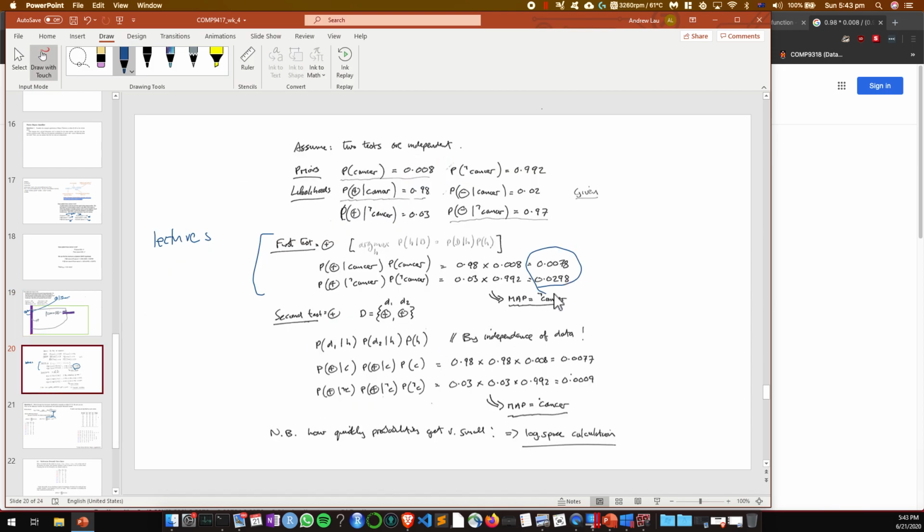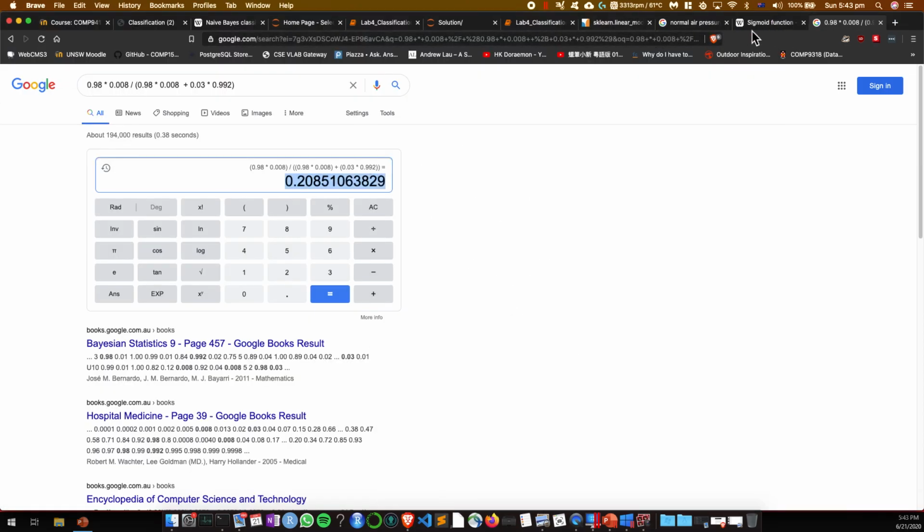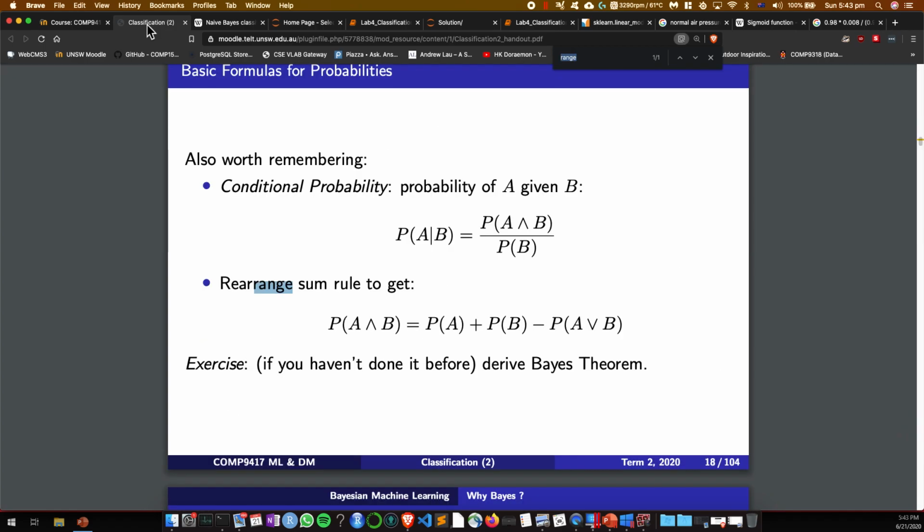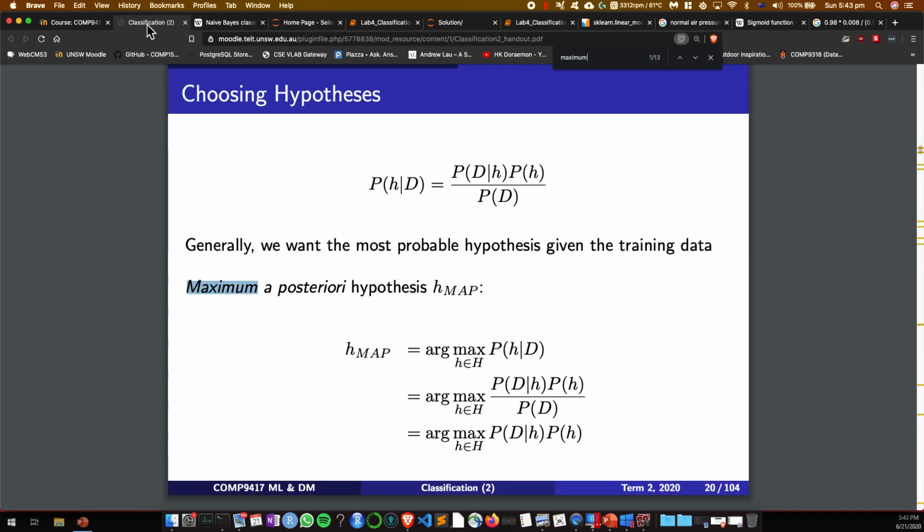Okay, so we should agree now that the maximum a posteriori. Gosh, I never say that word right. I'm just going to say MAP.